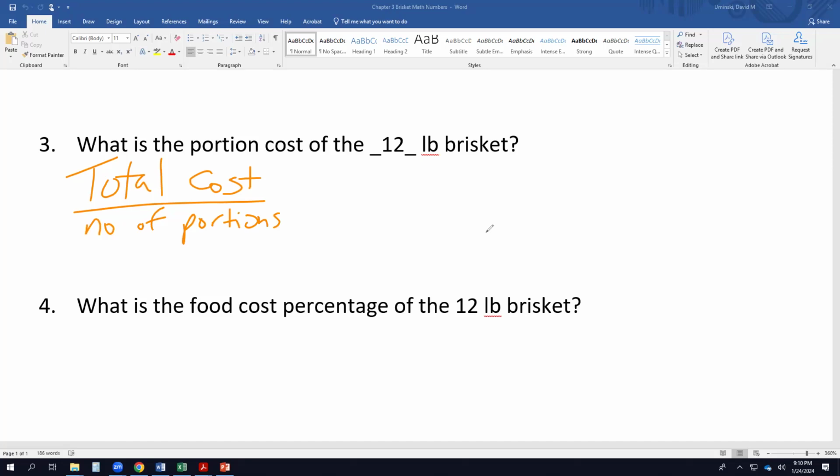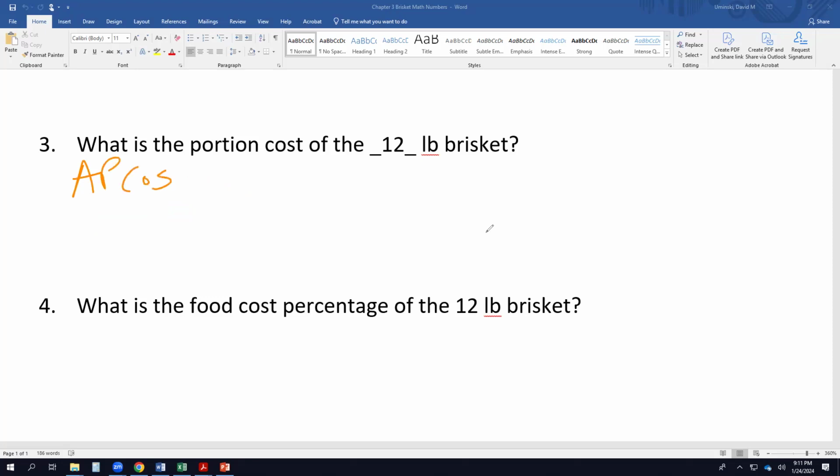Total cost divided by our number of portions. Hold on, let me think. Yes and no. Hopefully you weren't using pen.